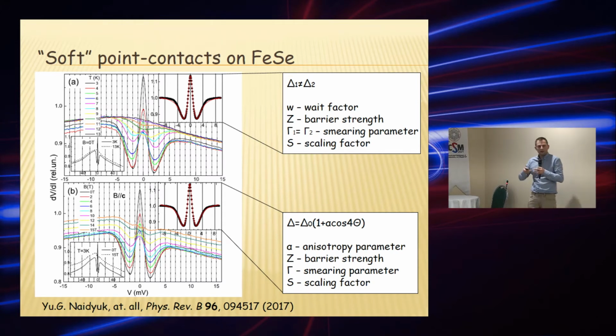It means that by raising the temperature, we increase the anisotropy of our gap. So we assumed that we should stop on the idea of two gaps being present in this material.